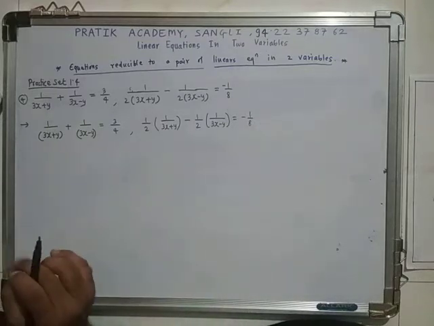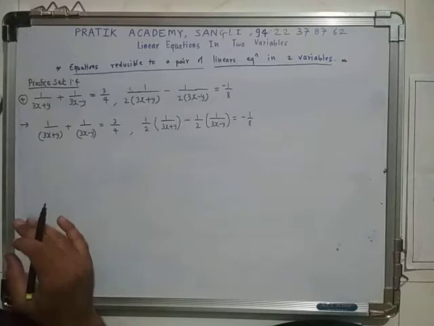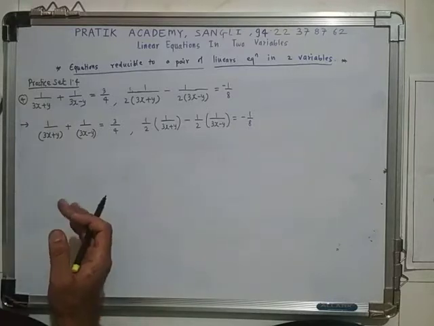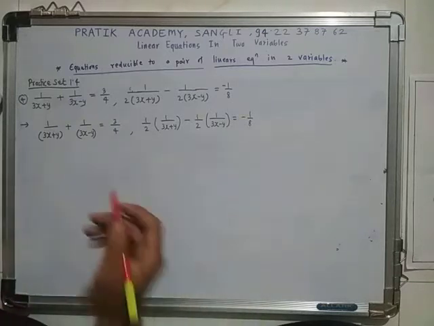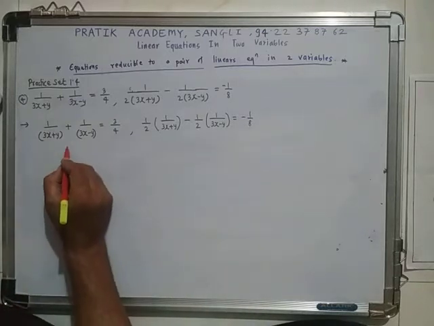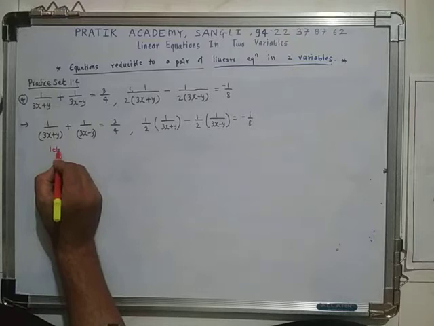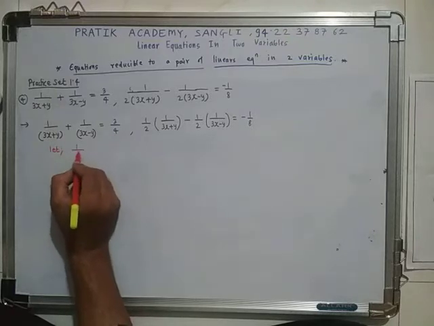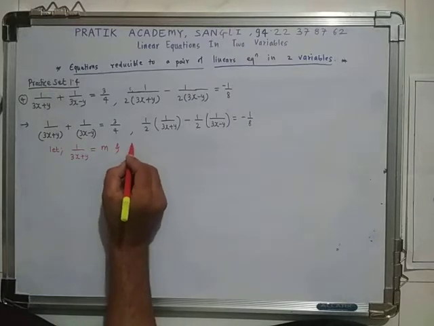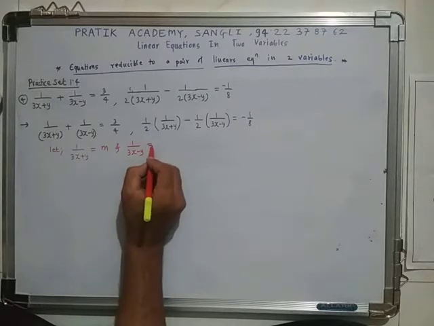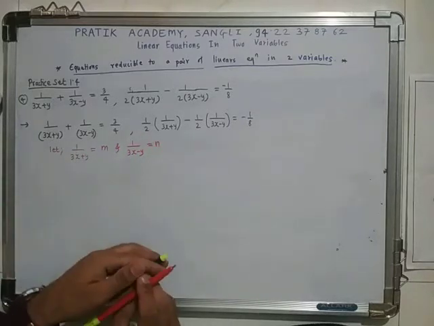Now find out which substitution will convert these equations into linear equations. So what is the substitution we require here? Let 1 upon 3x plus y be m and 1 upon 3x minus y be n.